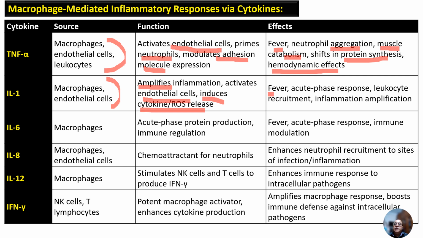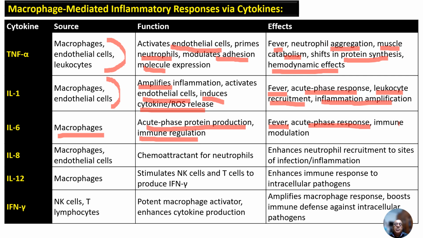Interleukin 1 is also associated with fever, the acute phase response, recruitment of more leukocytes, and amplification of the inflammation. The source of interleukin 6 is primarily the macrophages, and it is implicated in acute phase protein production and immune regulation. It is also associated with fever, the acute phase response, and immune modulation.